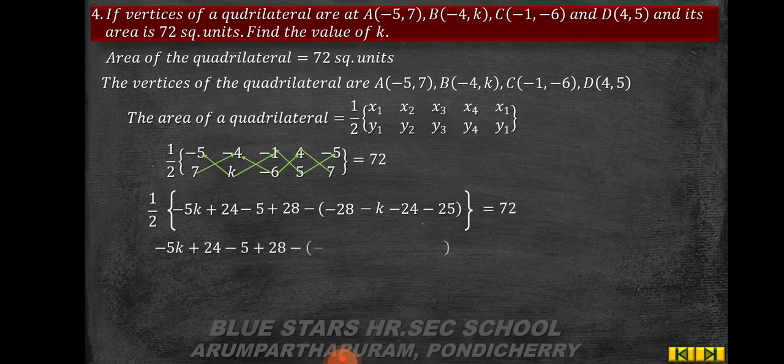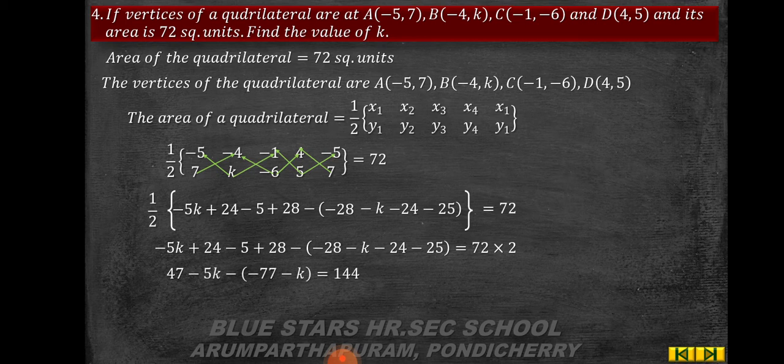Therefore, -5k + 24 - 5 + 28 - (-28) - k - 24 - 25 is equal to 72 into 2, because we are taking 1/2 to the right hand side, so it will become into 2.